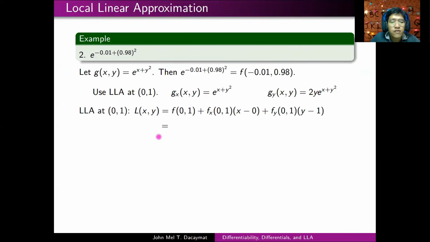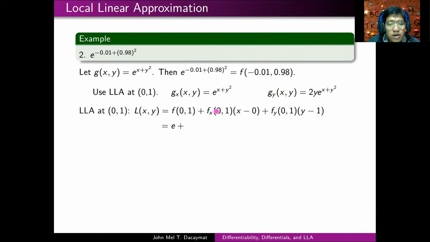Game. So, function value at 0, 1, f sub x at 0, 1 times x minus 0 plus f sub y at 0, 1 times y minus 1. Because my a, b here is 0, 1 respectively. Function value at 0, 1, ito yung function ko. G to lahat, sorry. G yan lahat. Kunin ko yung function value at 0, 1. I get e to the 0 plus 1, that's e.